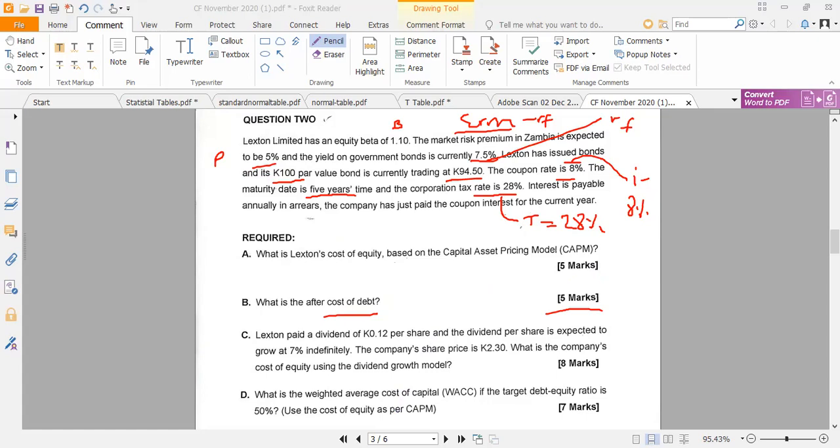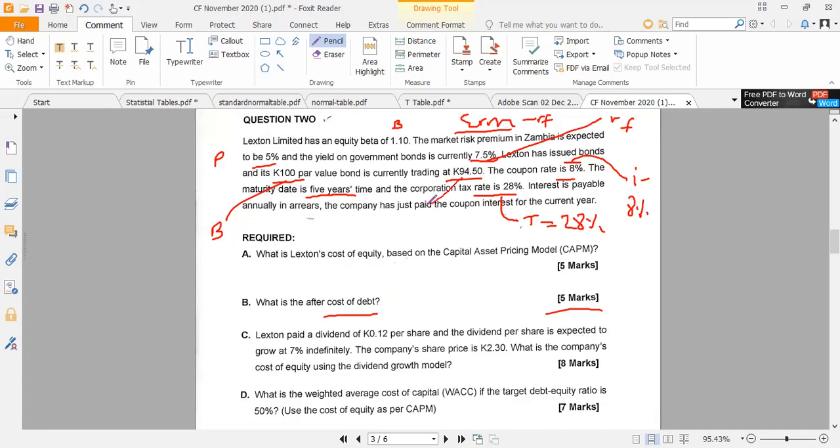The bond value and the redemptive value. The par value of the bond, which is 100 kwacha.